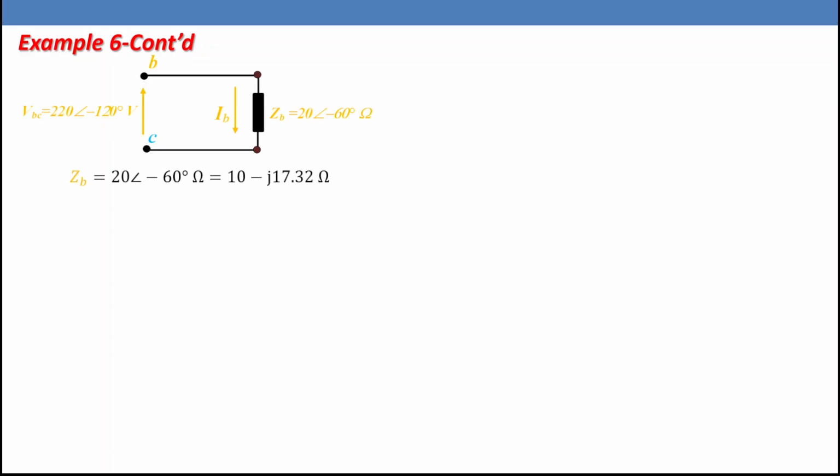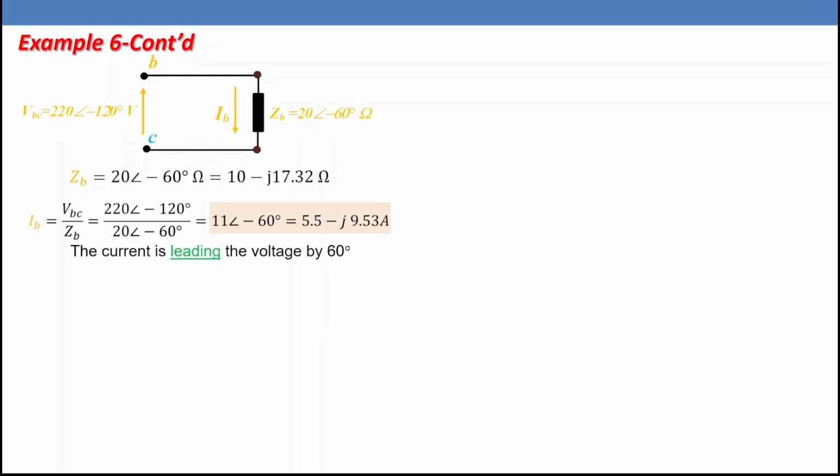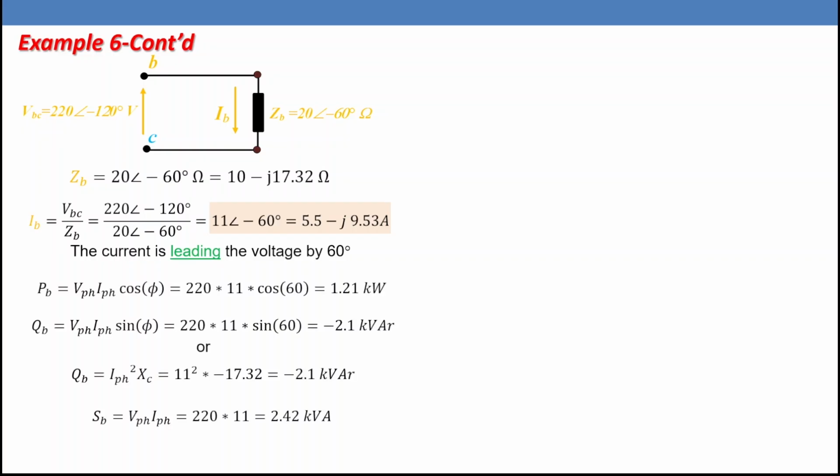What about phases B and C? For phase B, we have voltage 220 angle minus 120 and ZB equals 20 angle minus 60 degrees. So for the current, VBC over ZB equals 11 ampere angle 60 degrees. The same like phase A, but the current is leading the voltage in this case by 60 degrees, not lagging. So how to calculate the power?